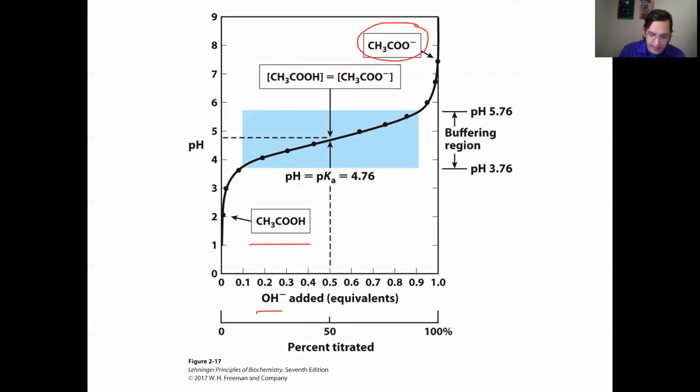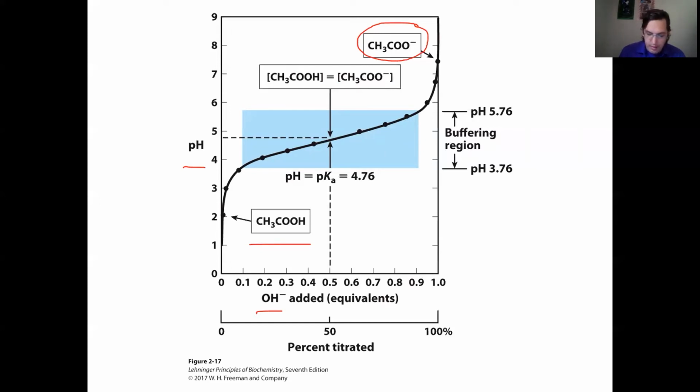Of course, as we add that base, we're also changing the pH. So initially, we're starting with pure acetic acid, which is going to have a relatively low pH, right? Because we have a very high concentration of that weak acid within our solution.